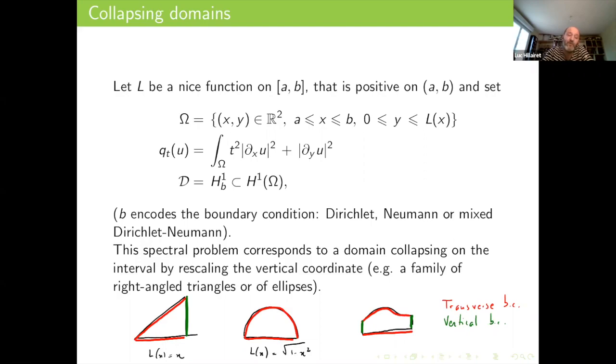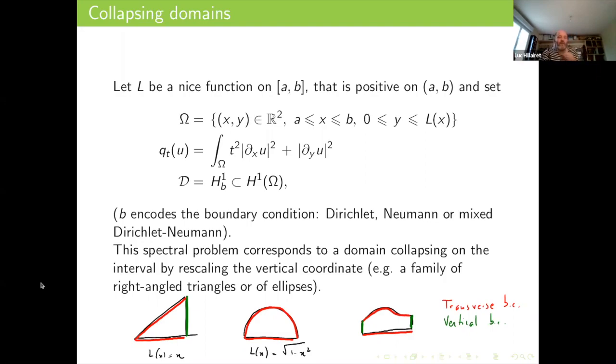So anytime you want to study the Laplace operator, for instance, on a varying family of domains, you have to trade a fixed operator on a varying domain with a varying operator on a fixed domain. And so that's what we have done here. That's why the T is in the operator and not in the domain.